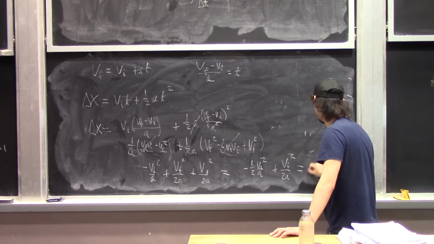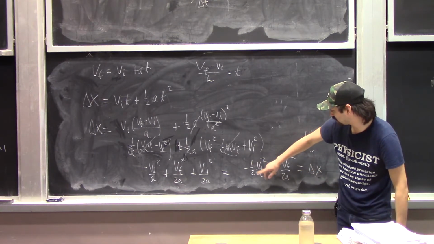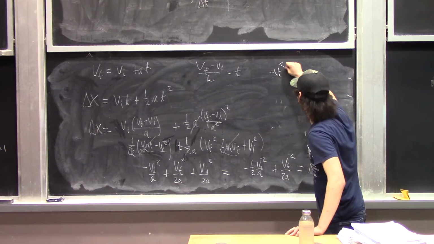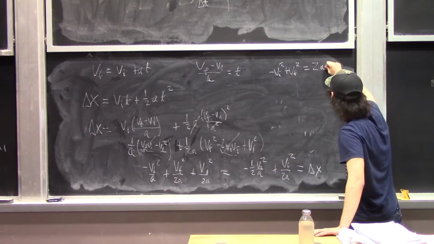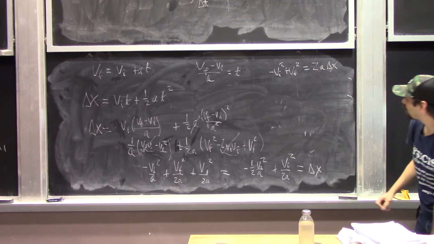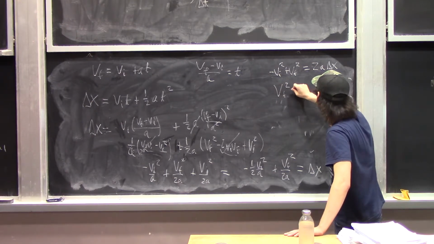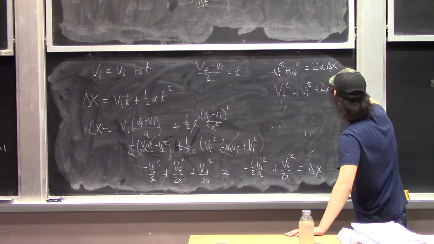Now don't forget we had this delta X on this side. So if I move this 2A to the other side, what I have is minus VI squared plus VF squared is equal to 2A delta X. And then I can move this to the other side, and VF squared is equal to VI squared plus 2A delta X.